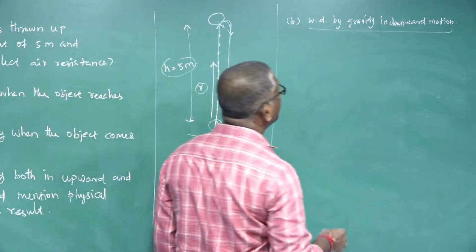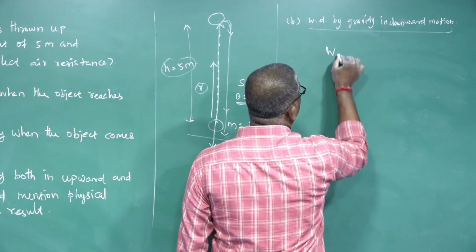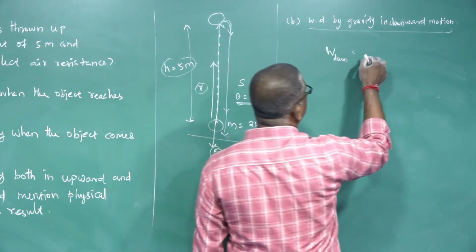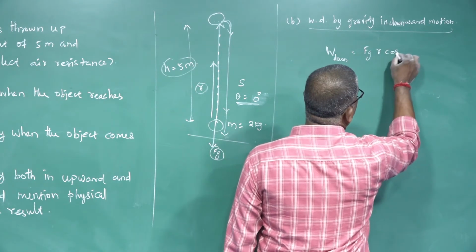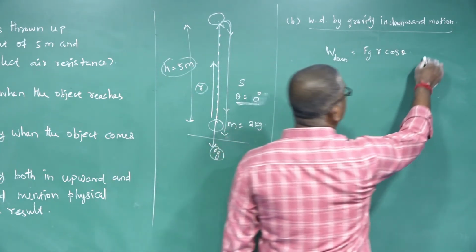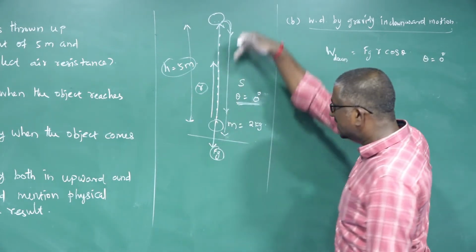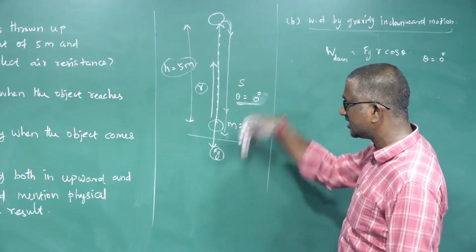Here the work done by gravity in the downward motion is W_down = F_g·r·cos theta. Here theta is 0 degrees because the displacement, or direction of motion of the body, and the gravitational force are acting in the same direction, that is downward.